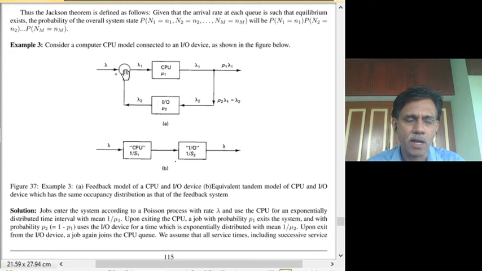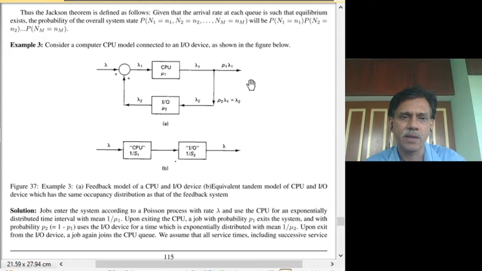So the customers from the external arrival rate and what is being fed back at a rate lambda 2 are statistically multiplexed and given to this queue, which is used to model the CPU of a computer. This queue models the I/O system of a computer. The service rate of the CPU is mu1, the service rate of I/O is mu2. Both are exponential service rates.